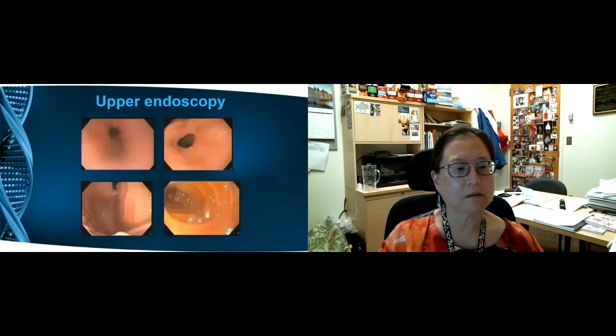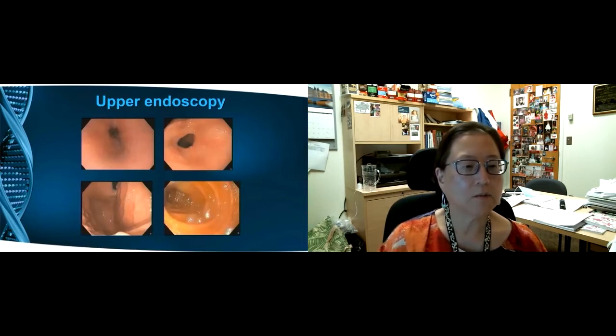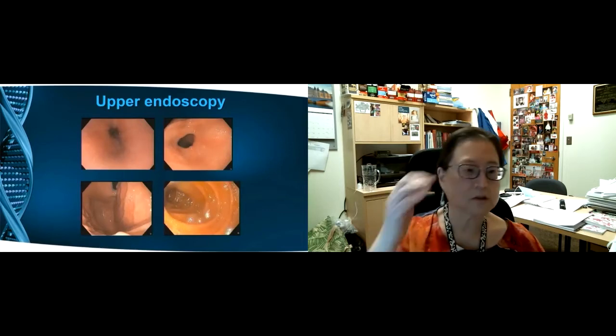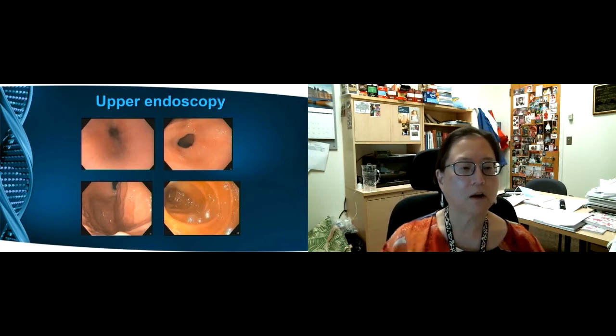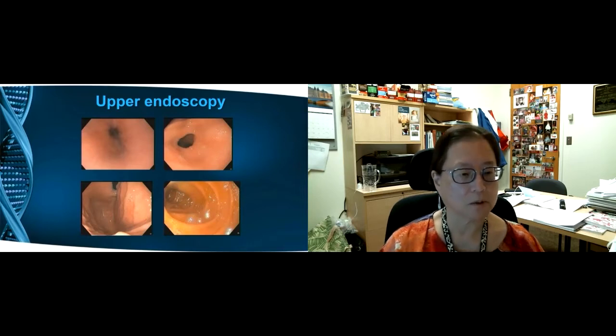So she underwent an upper endoscopy, and these are photographs from her upper endoscopy. On the far left upper square, this is the normal esophagus, and then on the next photograph over is the antrum, which also appeared grossly normal.